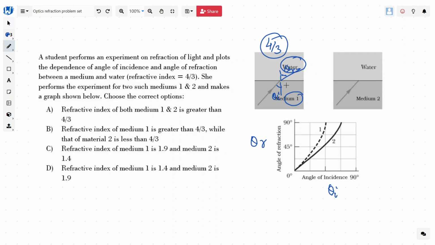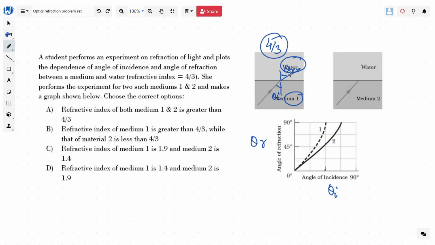For any angle of incidence and angle of refraction, if they were the same, we'll get a straight line here. For any medium where the angle of incidence and angle of refraction are the same, it will be a straight line, and we can see these two graphs are basically above that. What it means is that when we have an angle of incidence of 45 degrees, the angle of refraction is more than 45 degrees.